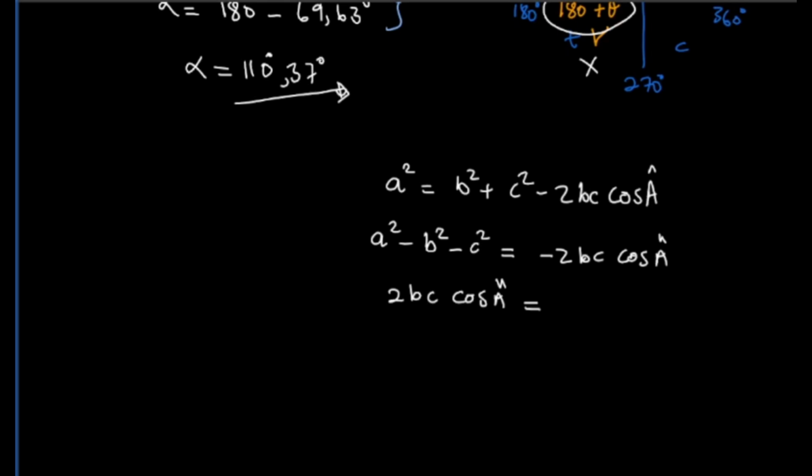Then this side will have b squared plus c squared minus a squared. So everything that was on the left hand side comes to the right hand side and it changes the signs.